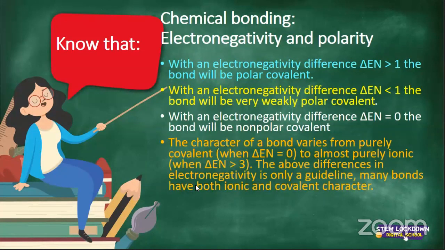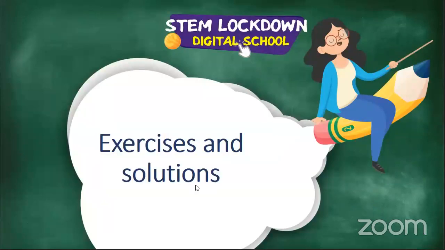The above difference in electronegativity is only a guide. Many bonds will have both ionic and covalent character. All right, polar bonds do not always lead to polar molecules. You might find that the polarities cancel out each other, resulting in a non-polar molecule. So let's try to do some exercises.